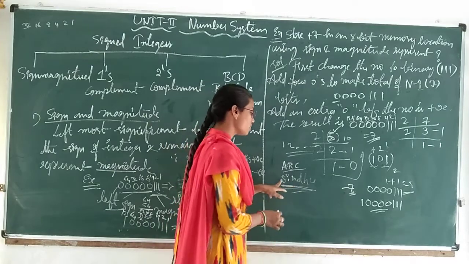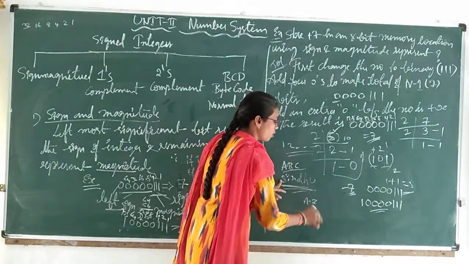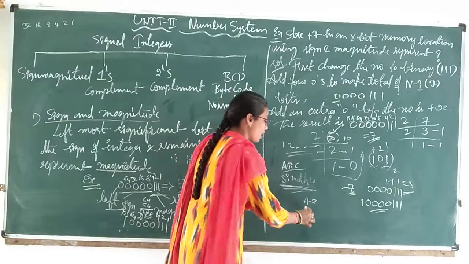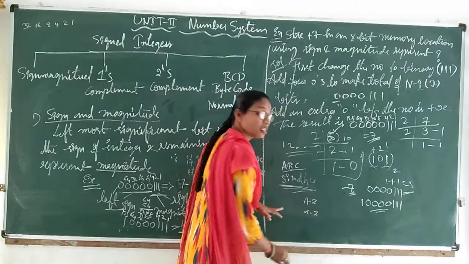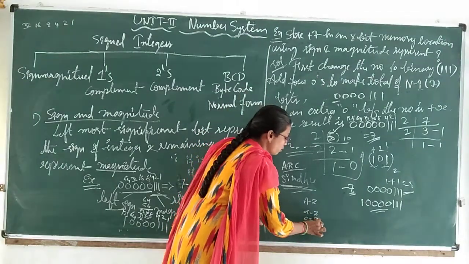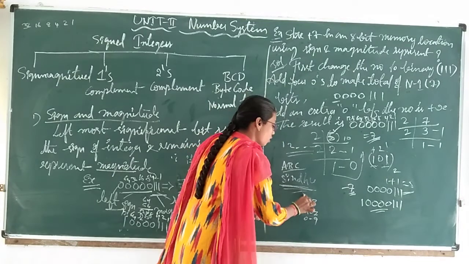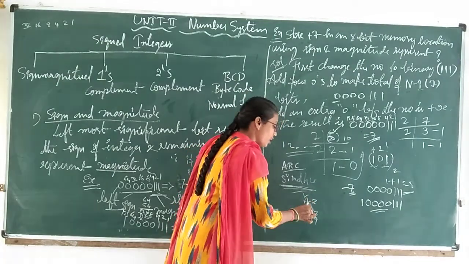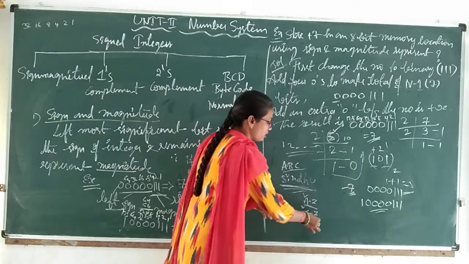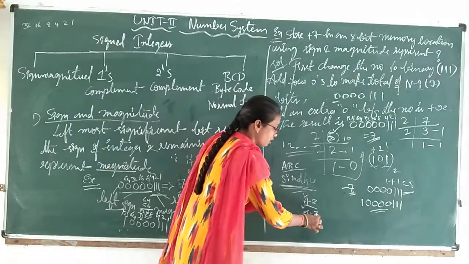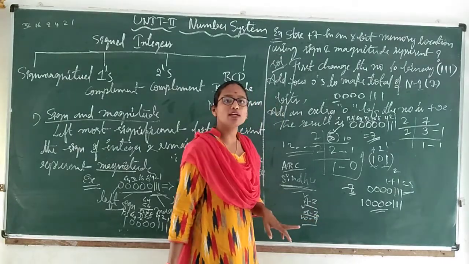Computer language covers the capital letters A to Z, the small letters A to Z, and the numbers 0 to 9. All these types of data are stored as zeros and ones.